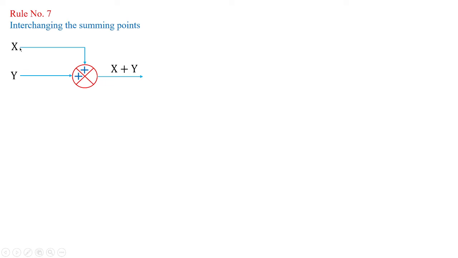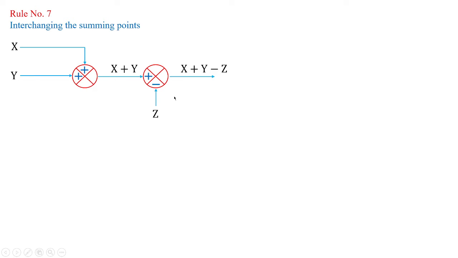It is very simple. Like you have parameters x and y given to a summing point resulting in x plus y, and I'm taking another summing point where you have plus and minus. The resultant will be based upon these addition and subtraction. It will be x plus y minus z. Now, if I want to interchange the summing points, I have to take the summing point over here and this summing point over here.